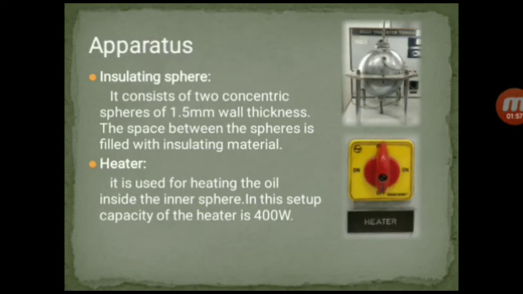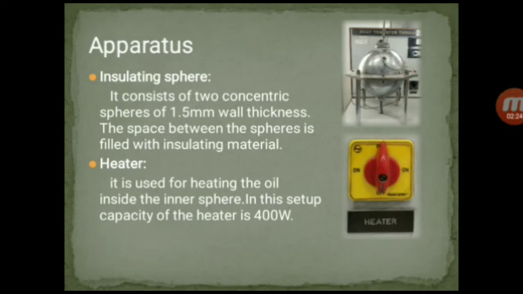Coming to the apparatus of the experimental setup, the insulating sphere. It consists of two concentric spheres of 1.5 mm wall thickness. The inner and outer surfaces have 200 mm and 250 mm diameters respectively. The space between the spheres is filled with insulating material.